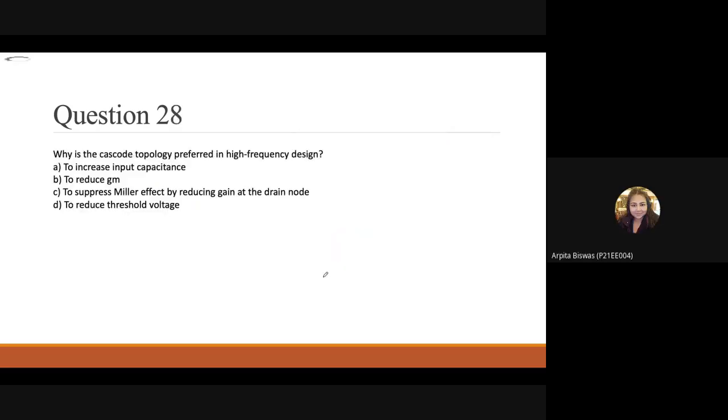Question number 28. Why is the cascode topology preferred in high frequency design? To increase the input capacitance, to reduce the GM, to suppress the Miller effect by reducing the gain at the drain node, or option D, to reduce the threshold voltage? Ma'am, C, to suppress the Miller effect by reducing the gain. Yes, good.